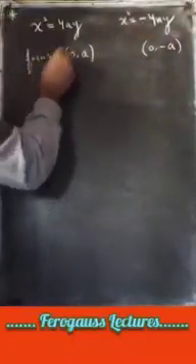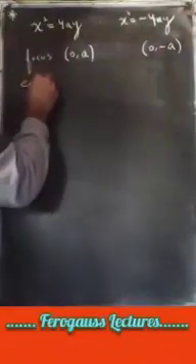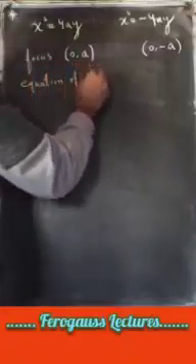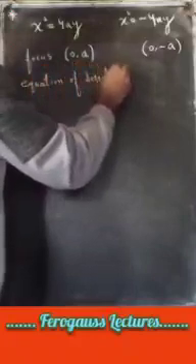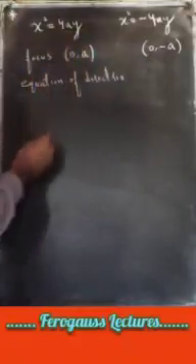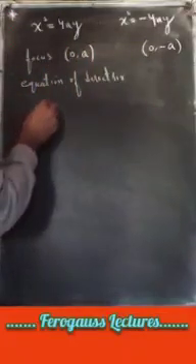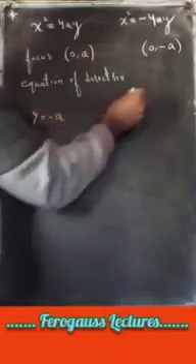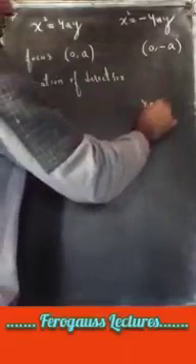Here, equation of directrix for this parabola is y is equal to minus a, and in this case it is y is equal to a.